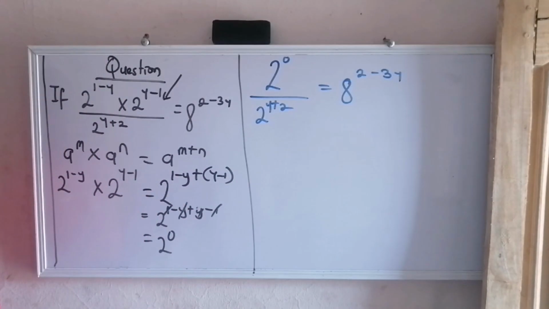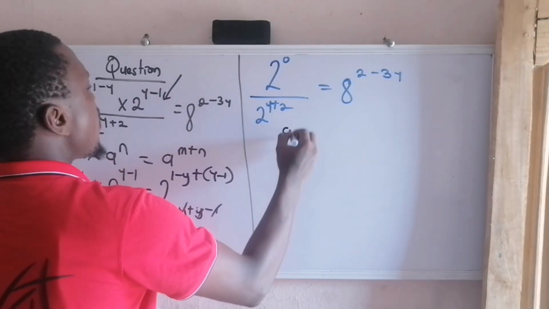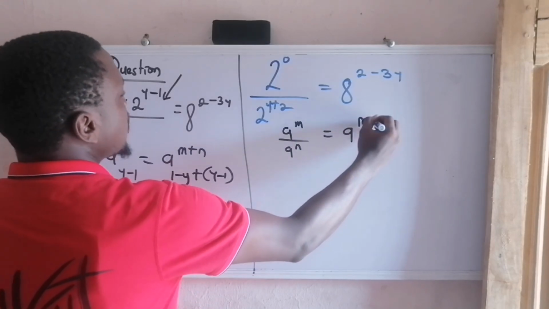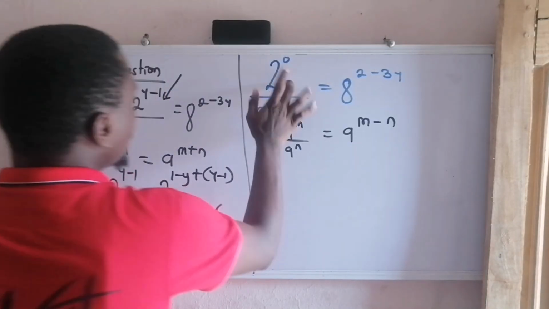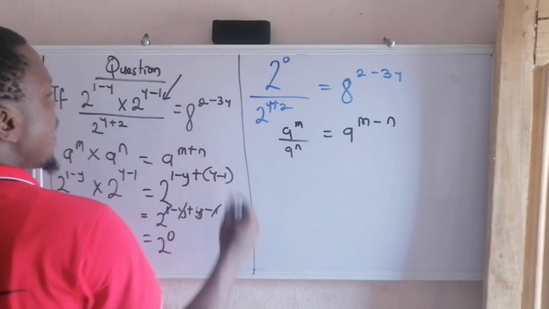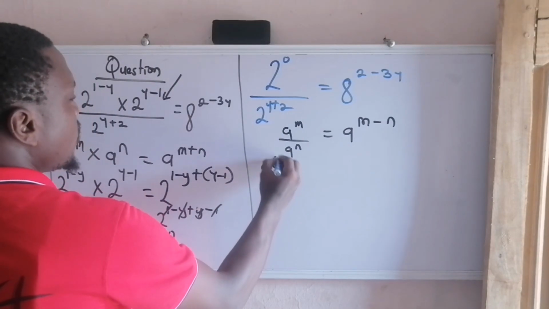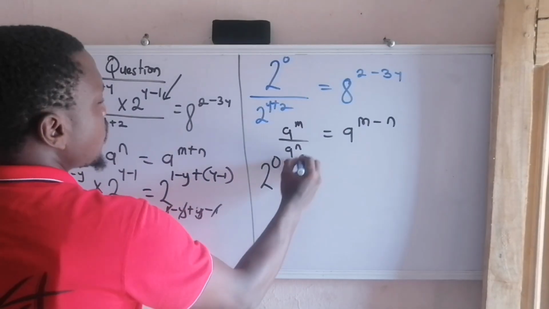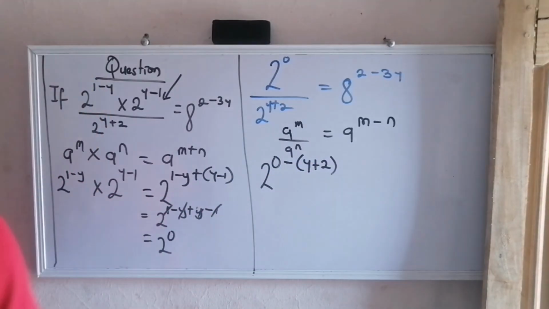Now, permit me to introduce another law of indices, which says that a raised to power m divided by a raised to power n will give us a raised to power m minus n. If you look at this, the base for the numerator is 2, and the base for the denominator is also 2. So I can apply this rule by writing 2 raised to power 0, which is our m, minus, then I'll put this y plus 2 into brackets so that the minus can interact with everything in the power.